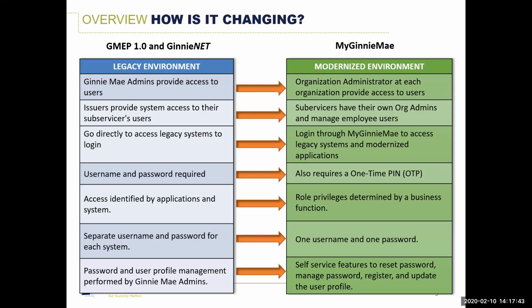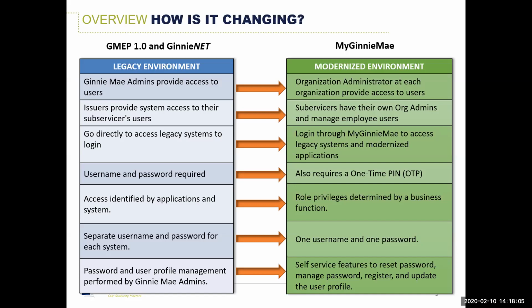In our legacy environment, you needed a separate username and password for each application, and that got you into the system. But in MyGinnieMae, you do have the additional requirement of a one-time PIN. But again, one username, one password, one-time PIN, and then you're into all of the systems that you need access to.